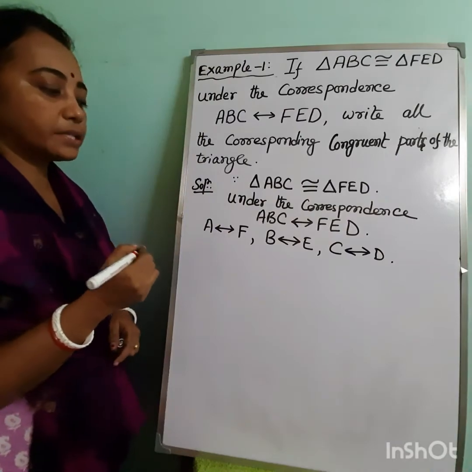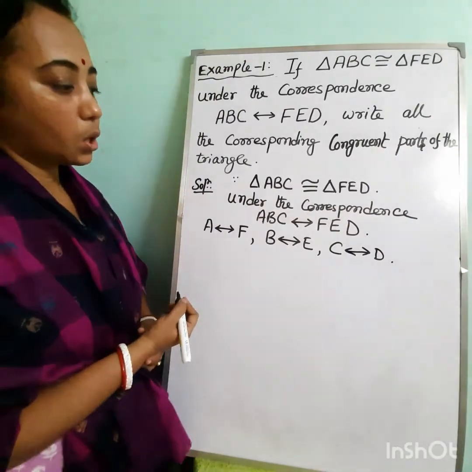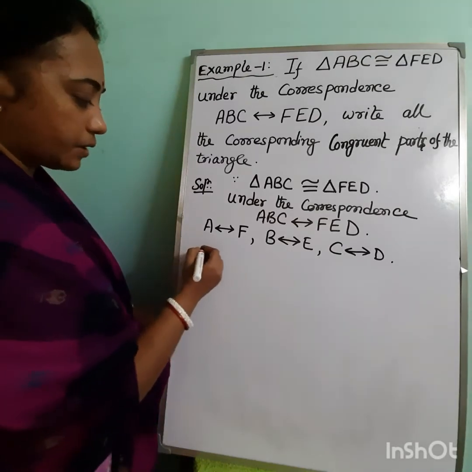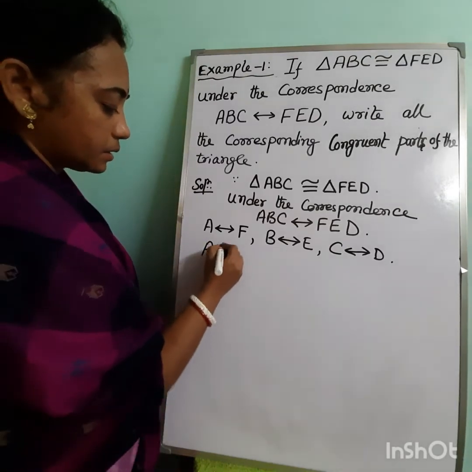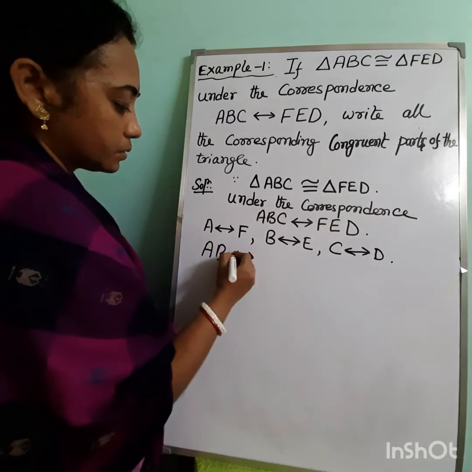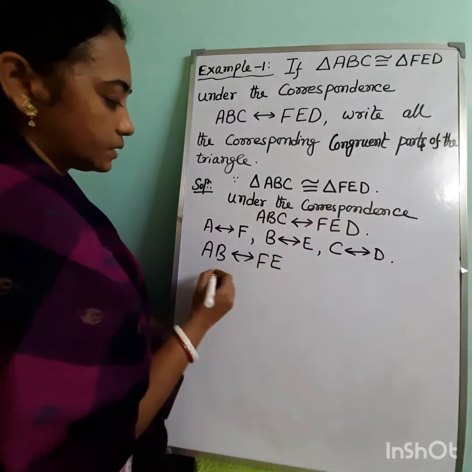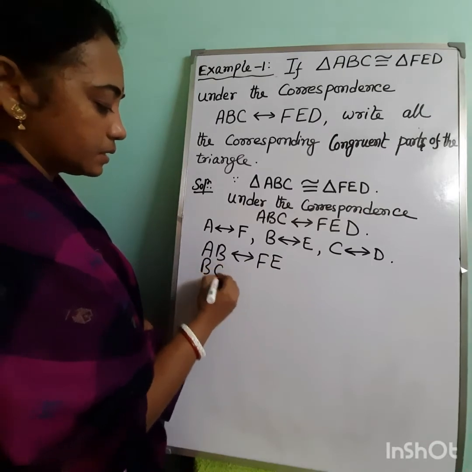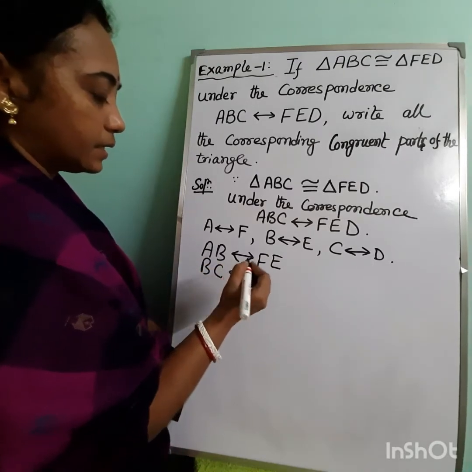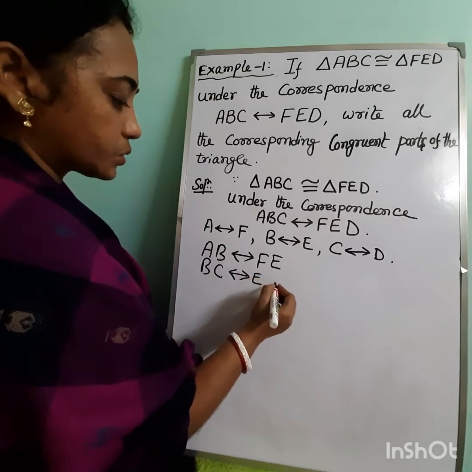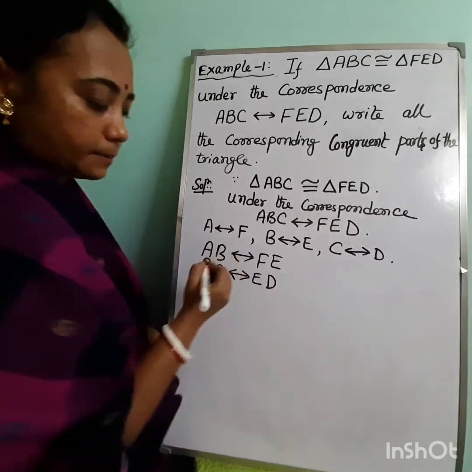Now their corresponding sides and corresponding angles of the two triangles are equal. So the corresponding sides we can write here. AB corresponds to which side? It will be FE. Then BC corresponds to which side? In place of B we will write E, and in place of C we will write D, so ED.